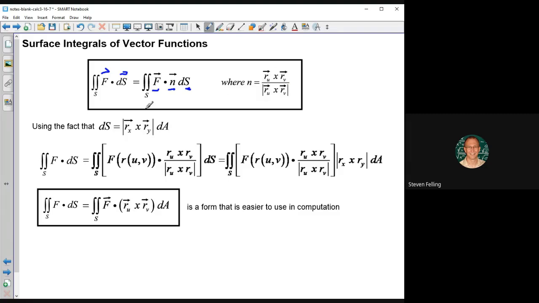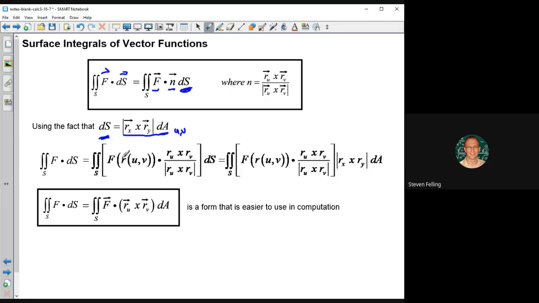And then actually, given the fact that this dS element is really the little area element, which we know is the area in the parameter domain, the uv, but times the magnitude of the cross product, that's what gave us the area along the actual surface in 3D.